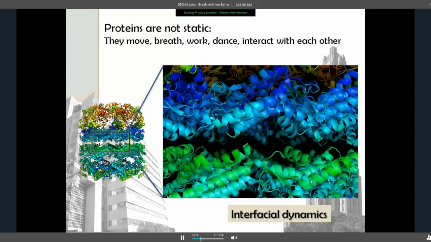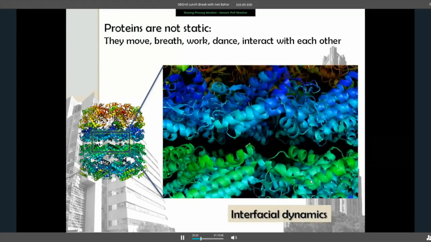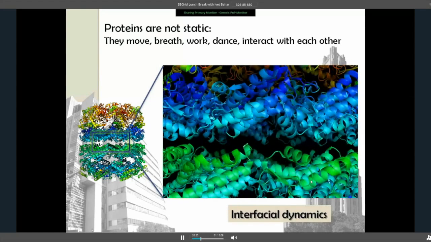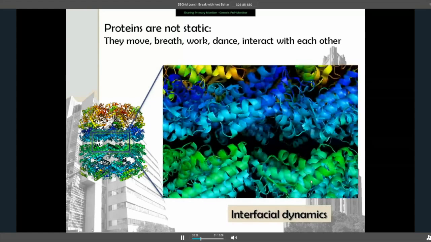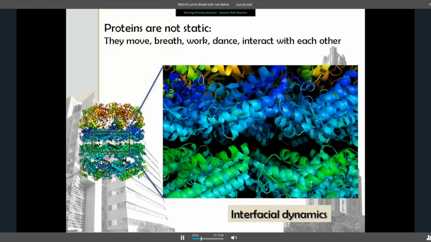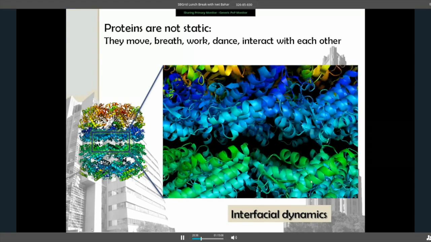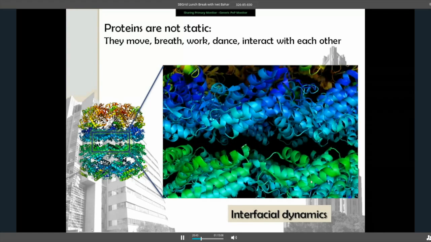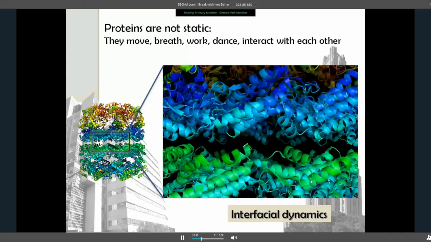And using ProDy or network models, it is possible to have an understanding of what is happening collectively in the molecule under equilibrium conditions, under physiological conditions. And you can see, for example, as shown in this movie, the interfacial dynamics, which is often important for determining function. I will explain later on in more detail.